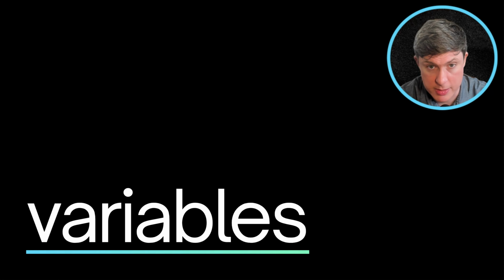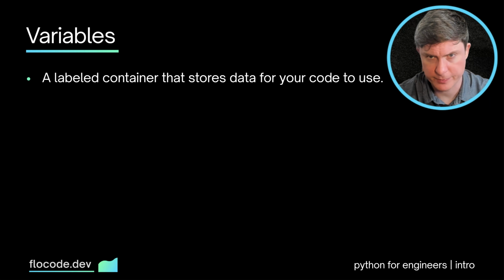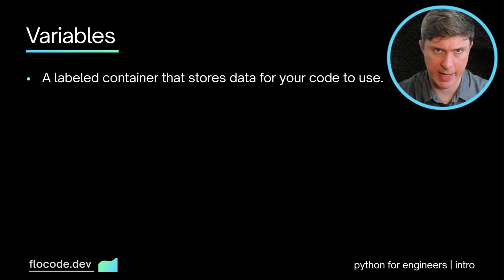Let's talk variables. Just like a physical toolbox holds your tools, variables are the storage units within your program for the data that you need to solve your problems. They're kind of like customizable containers with some of the following key aspects. Most importantly, the name.